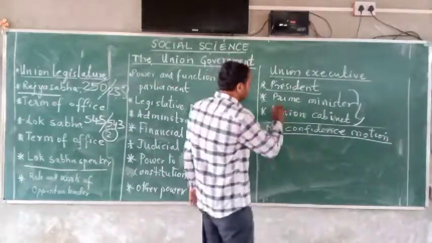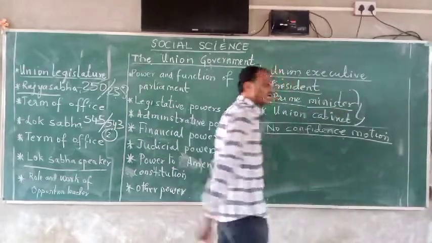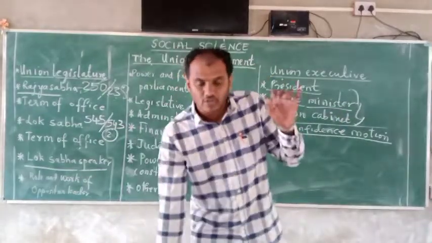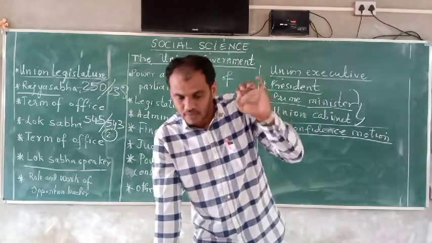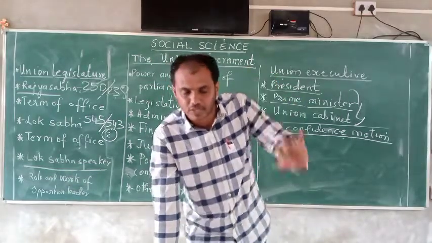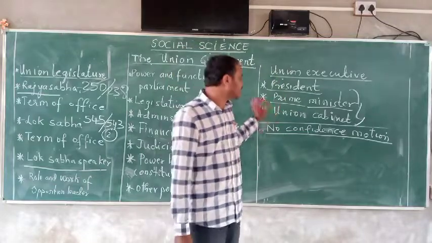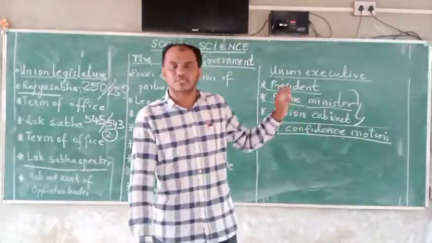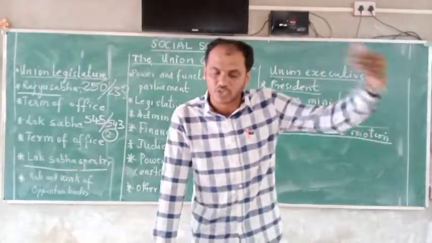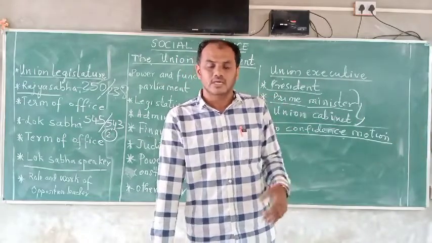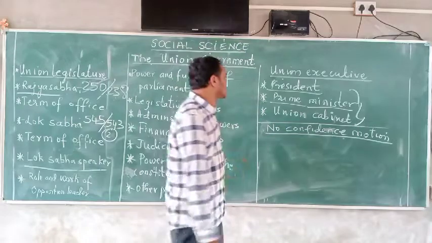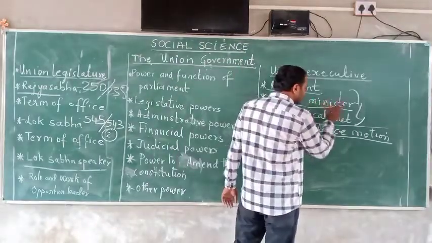Next comes the Prime Minister. The Constitution has provided for the Council of Ministers with the Prime Minister as the head, to assist him. The Prime Minister is the real head of the executive.